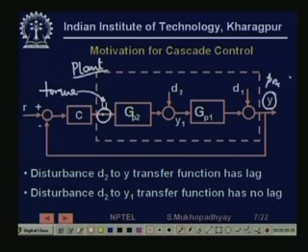Suppose a position control application. Torque is directly proportional to acceleration. Just divide by moment of inertia, you will get acceleration. So that is constant. But between acceleration and velocity there is one integration. So this could be integration, 1 by s, and here you have velocity.